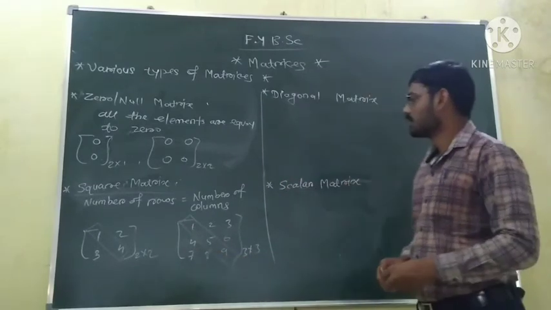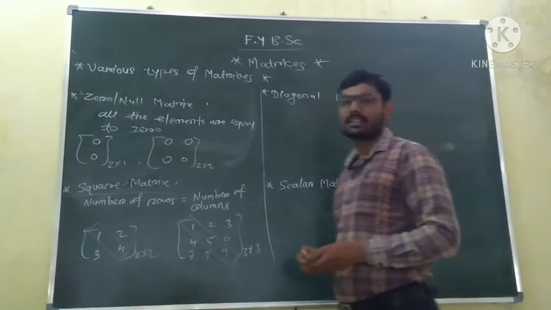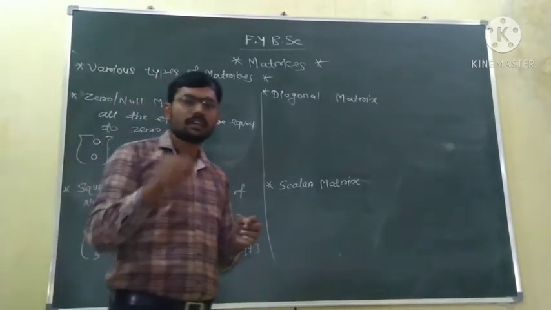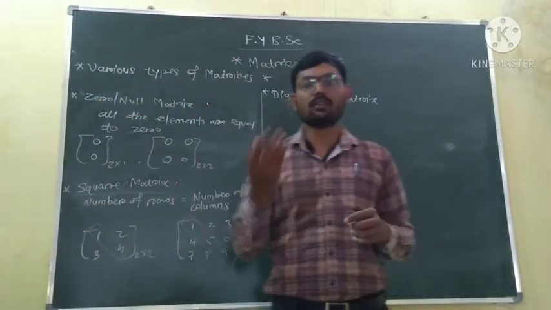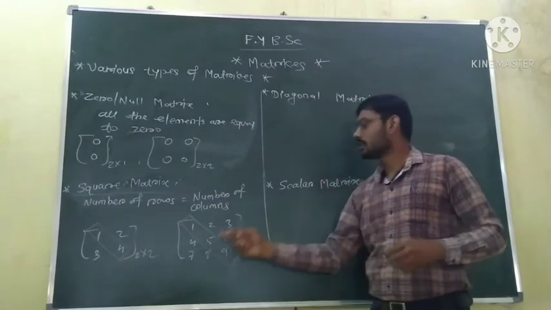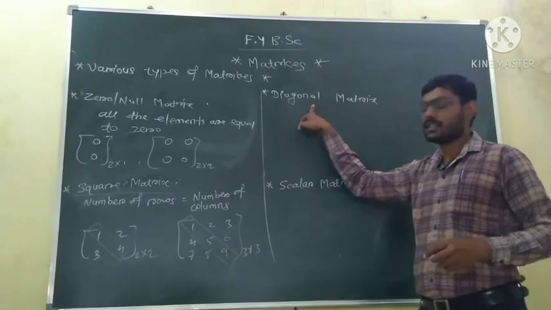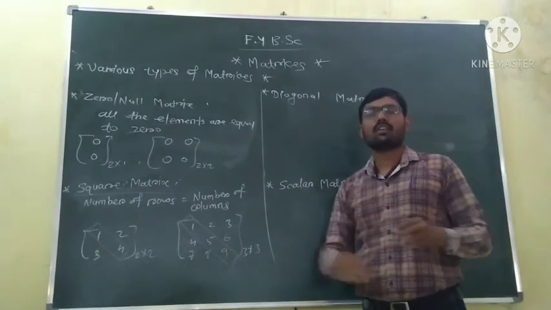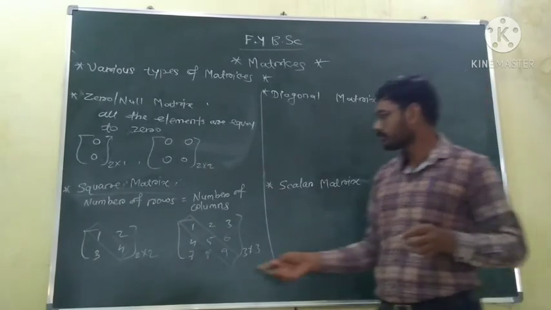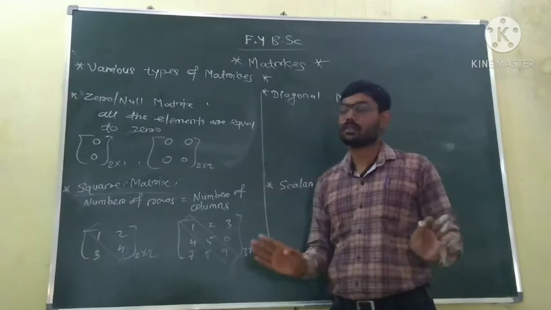The next type is the diagonal matrix. Now we know the diagonal, so for a matrix to be diagonal it must be a square matrix, because diagonal exists only in a square matrix. So a diagonal matrix means a square matrix in which non-diagonal elements are zero. Only diagonal elements exist, all other elements are zero.